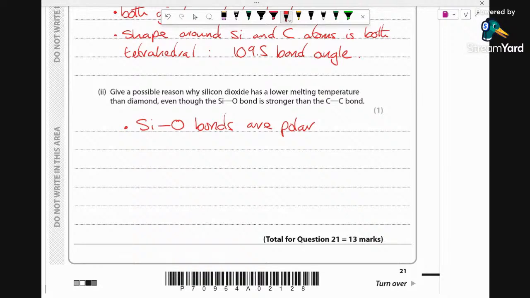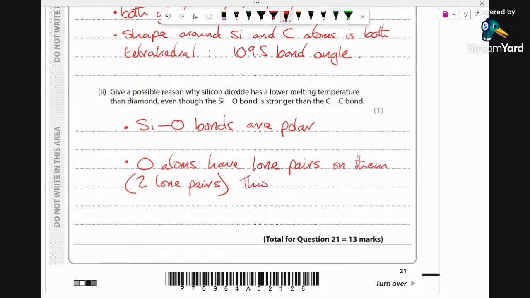It's interesting that they're saying that the bonds are stronger. Therefore, one fact is going to be that the Si-O bonds are polar. It'd be hilarious if that was a simple mark scheme. I'm also going to say that oxygen atoms have lone pairs on them. Two, in fact, brackets, two lone pairs.